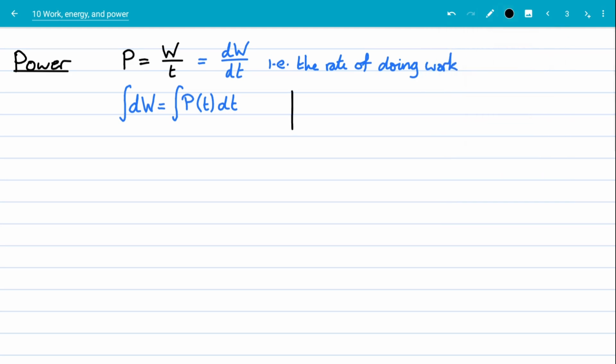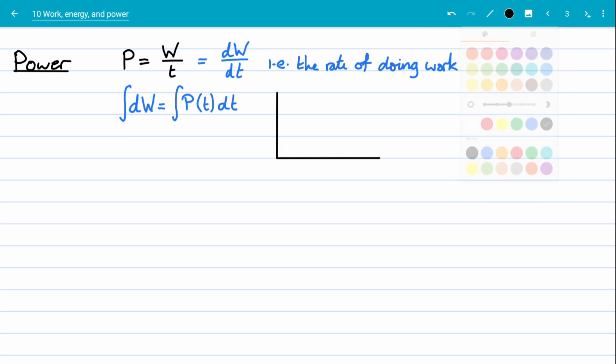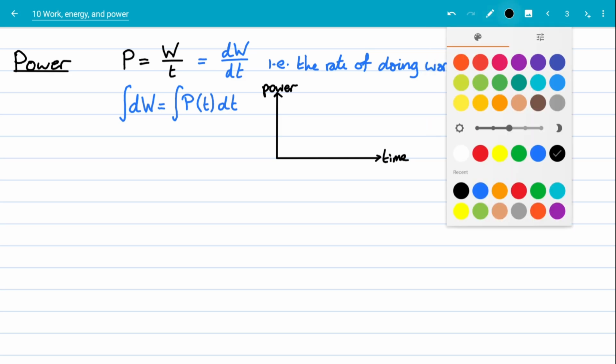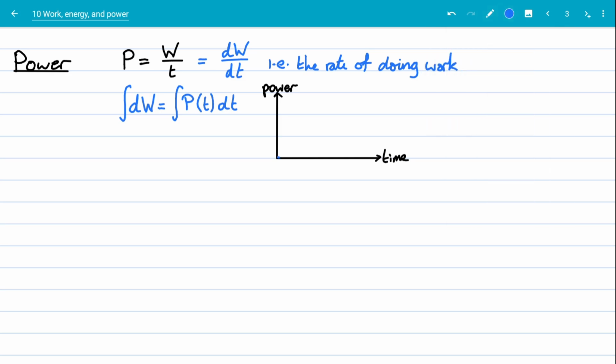The idea, let's just do a quick sketch, just very quick. If I had a graph like this, and on the x-axis I had time, on the y-axis I had power, usually measured in watts, then if I had a relationship that looked like this, doesn't matter what it's doing, then the area is the work done.